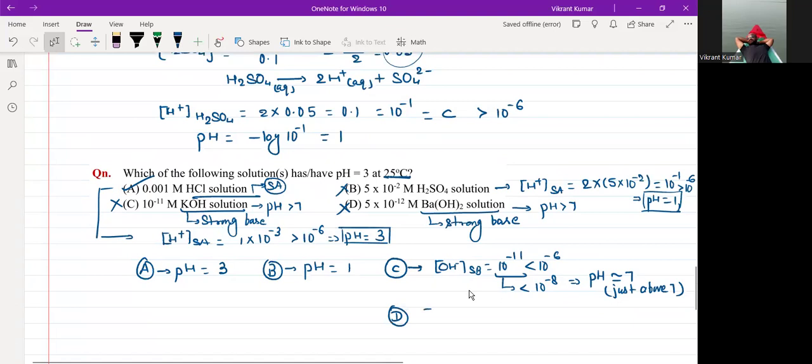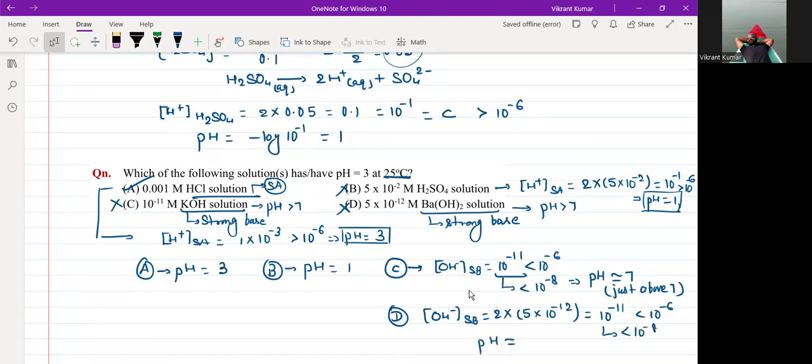D में भी we are writing OH minus, देखो वही आ रहा है. अच्छा, इसमें दोनों में सेम ही आएगा आंसर, because यहाँ पर that will be 2 into 5 into 10 raised to minus 12 and that is coming again 10 raised to minus 11, which is less than 10 raised to minus 6. तो है, ये तो क्वाड्रेटिक में जाता, but I told you कि 10 raised to minus 8 से कम हो जाए we can write pH will be very close to 7, just above 7, 7.00 something. Okay, so nearest integer will be 7 only. Any doubt in this part?